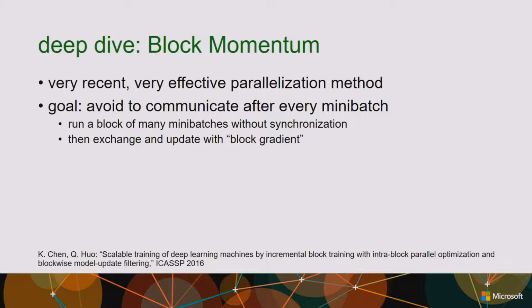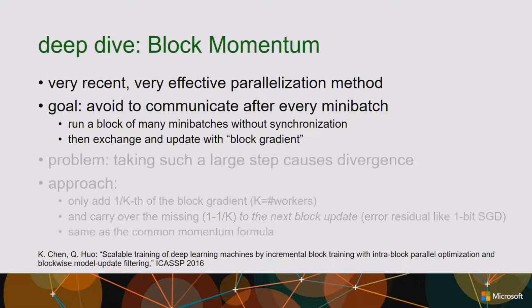So that spreads out the gradient application quite a bit, but it doesn't weigh it down. Every gradient now counts still, every single sample now counts the same as before. And it turns out that method actually works really, really nicely. And if you write down the formula, then you will find it looks like the momentum formula. So we call this block momentum.